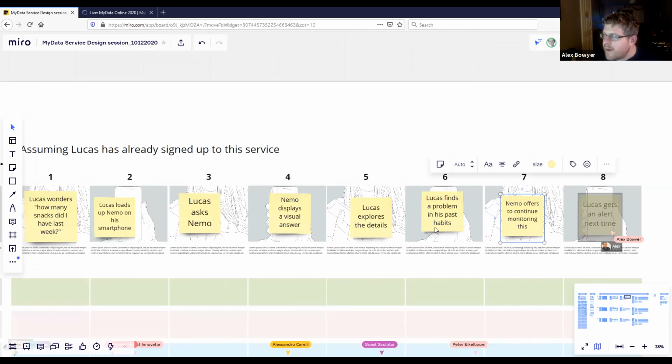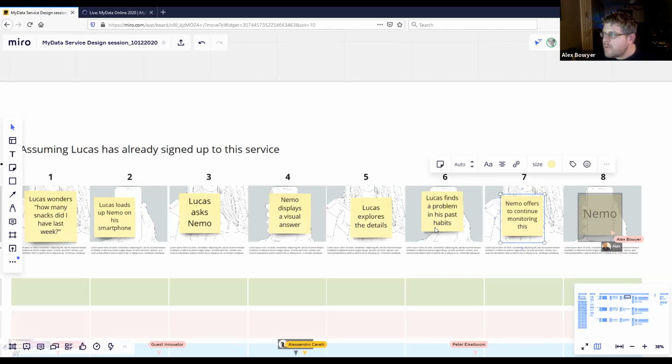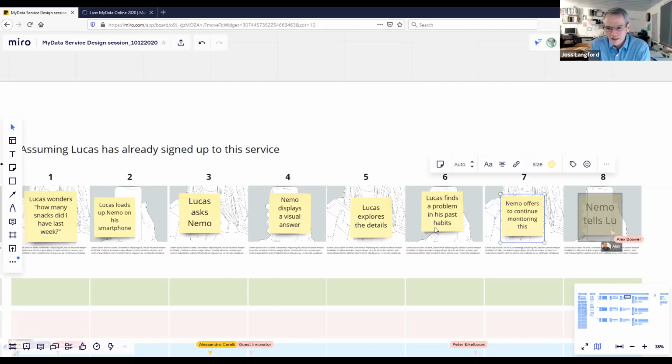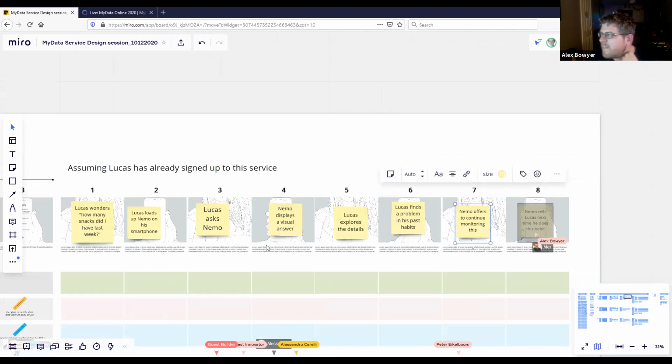Or is that too designy again? No, I think it's fine. It's actually Nemo congratulates Lucas on hitting his snack targets next time he does this, or something general like that. Next time he does this habit too much, I suppose, is the point, isn't it?